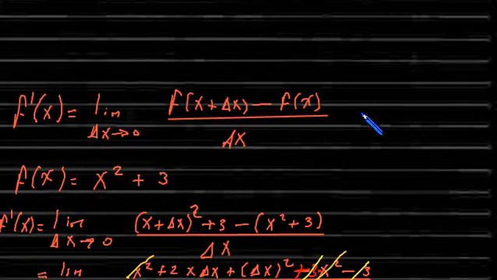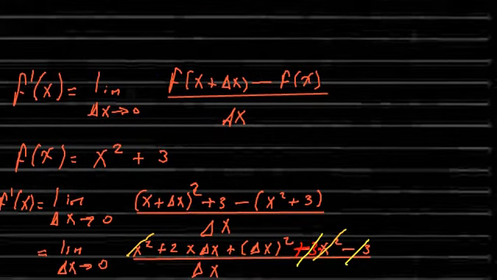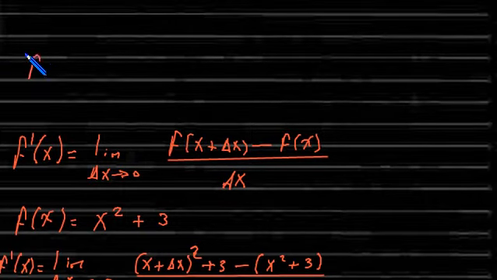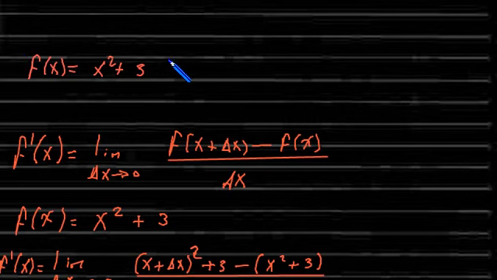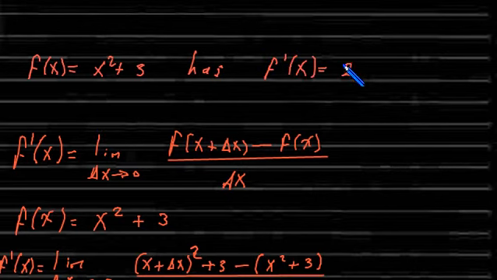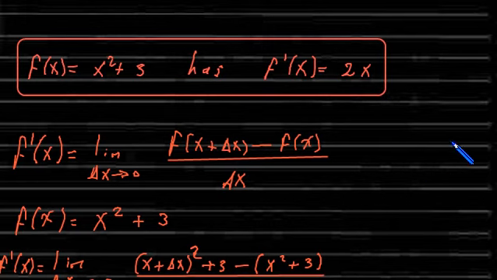So this is what the derivative of the function f of x equals x squared plus 3 is. f prime of x equals 2x. So this is exactly what we wanted.